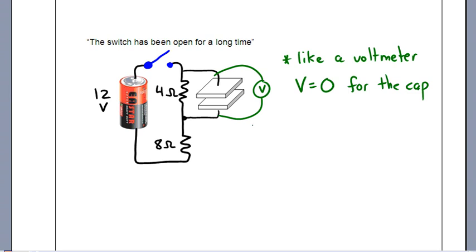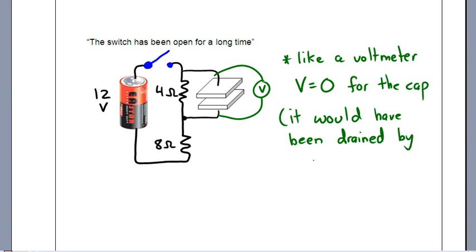The reason why I know the voltage is going to be 0, if there was any other Q or voltage on that capacitor, it would have been drained by that 4 ohm resistor. So yeah, it's just sitting there, 0 volts.